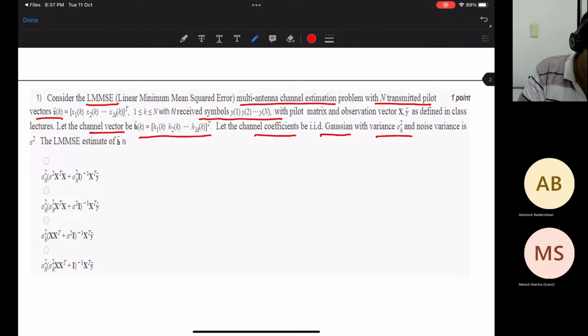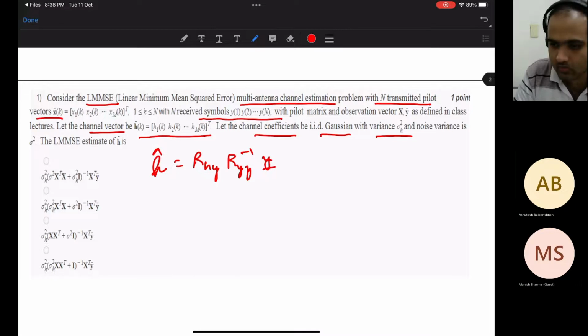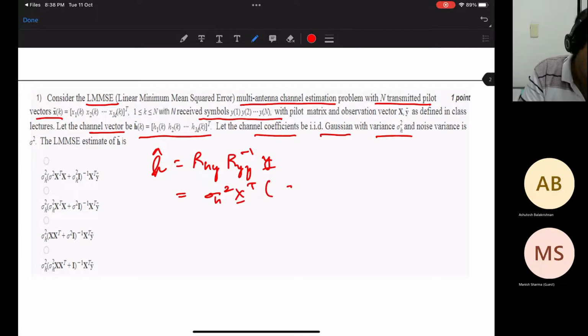This is a straightforward question. As discussed in the lectures, this is R_HY, R_YY inverse times y. So this will be sigma h square x transpose, sigma h square x transpose plus sigma square I, inverse, y.